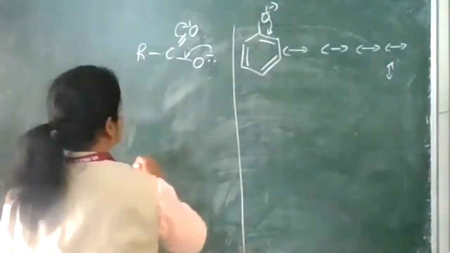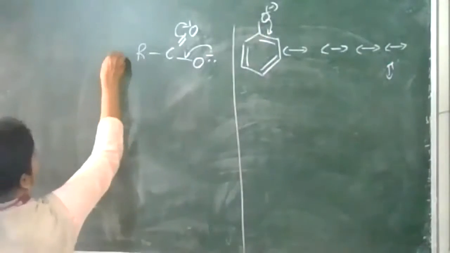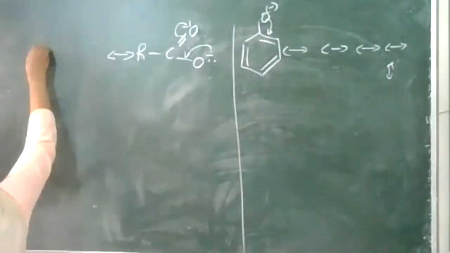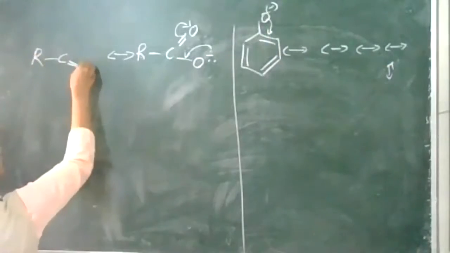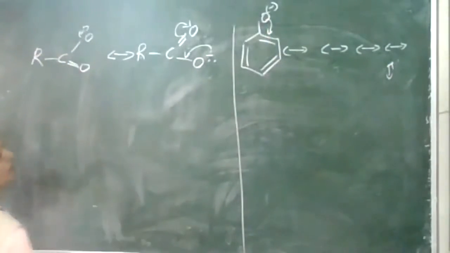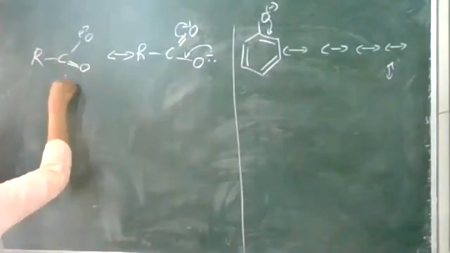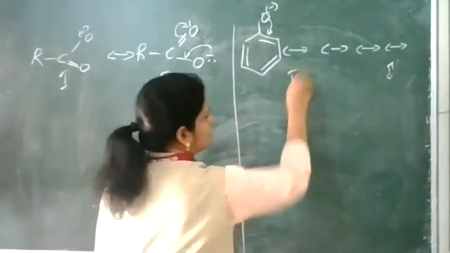Here, carboxylate ion has 2 resonance structures, and we write that resonance structure as R, C, double bond O, single bond O minus. It has 2 resonance structures, while that has 5 resonance structures.